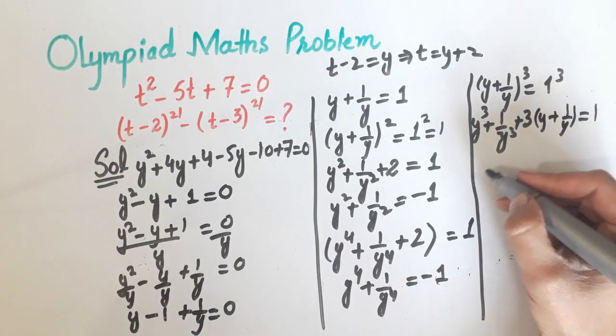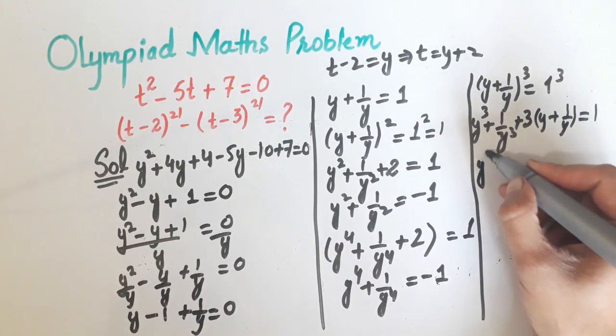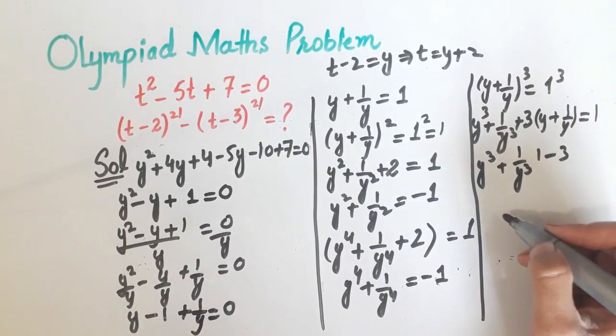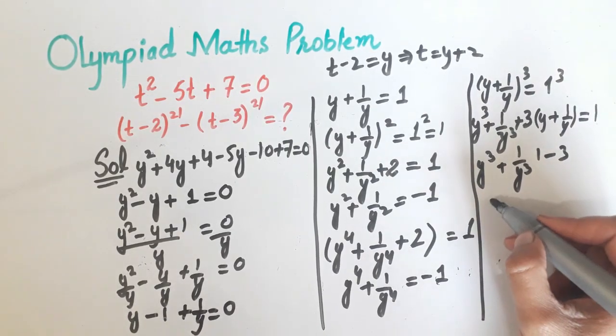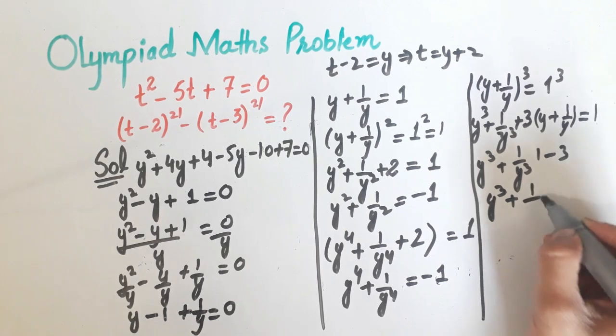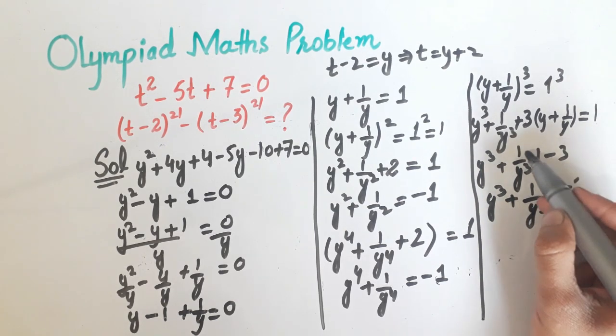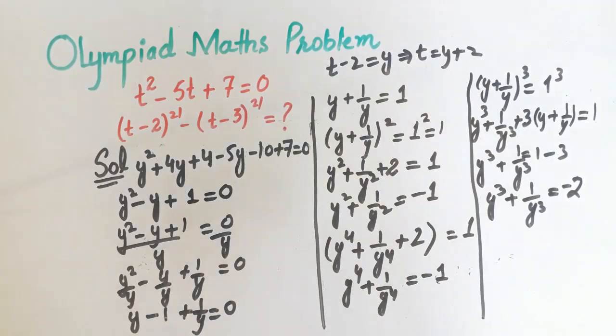So y plus 1 over y is 1. So y cube plus 1 by y cube equals 1 minus 3. That gives minus 2. So write y cube plus 1 by y cube equals minus 2.